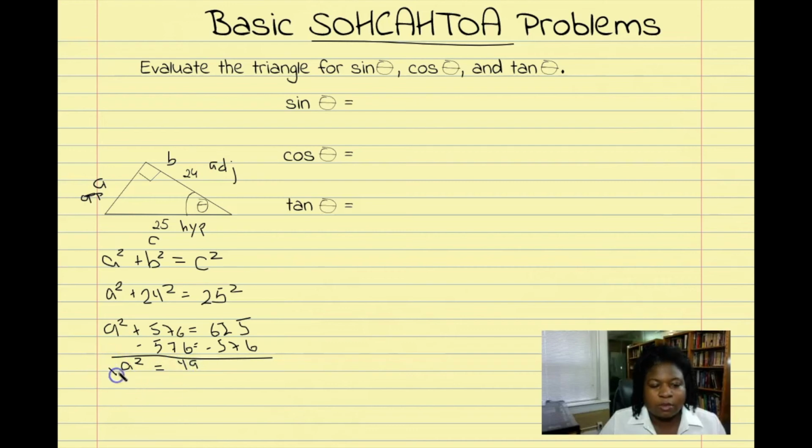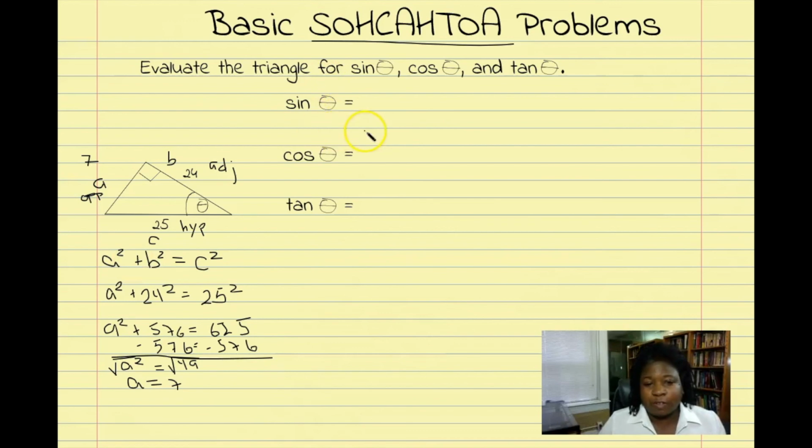And if we take the square root of each side, we get A equals 7. So you could either use the Pythagorean theorem and solve that, or know that a 7, 24, 25 triangle is a special right triangle, and if the hypotenuse is 25 and one side is 24, the other side is 7.